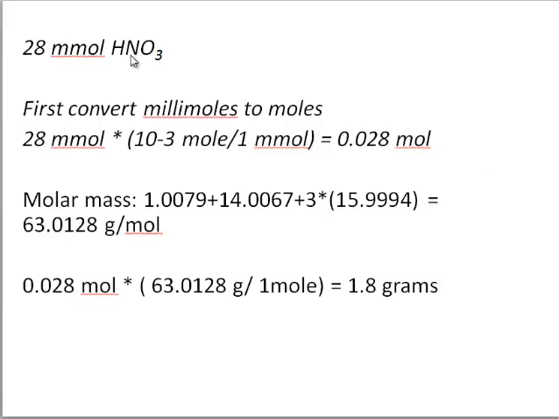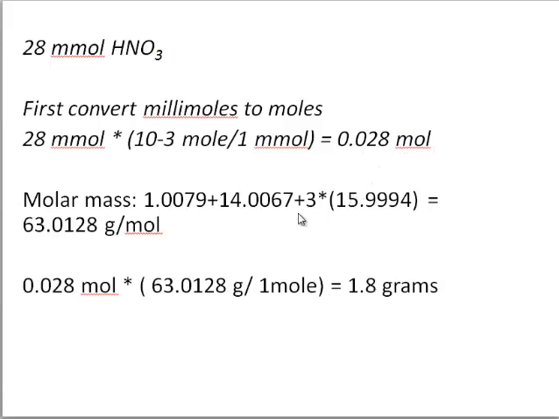28 millimoles of HNO3 mean, again, molar masses relate moles and grams, so it's necessary to convert millimoles to moles. That's a fairly straightforward conversion. 10 to the negative 3rd moles per 1 millimole. We get 0.028 moles.